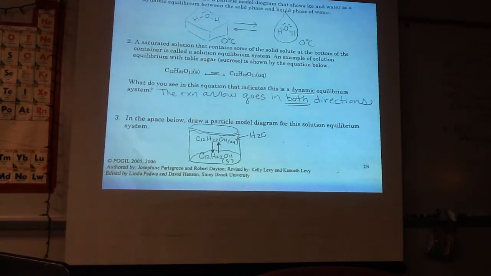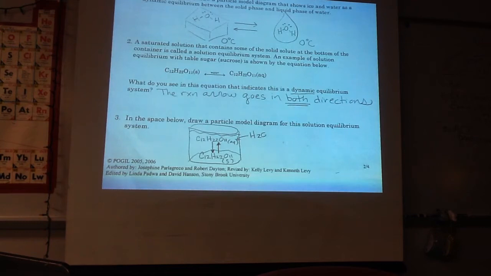All right? Number 2 tries to show you this in solution equilibrium in terms of a solid dissolving in solution, and they gave you a molecular solid like sucrose. And here, one thing to note, how do you know it's in equilibrium? Because you see a reaction arrow with a head at the right end and the left end.